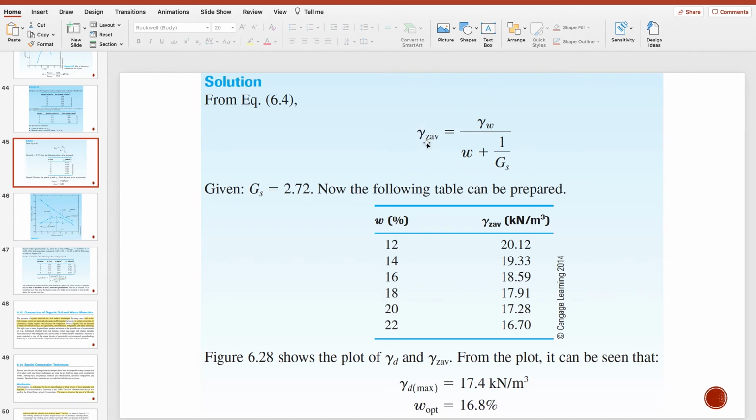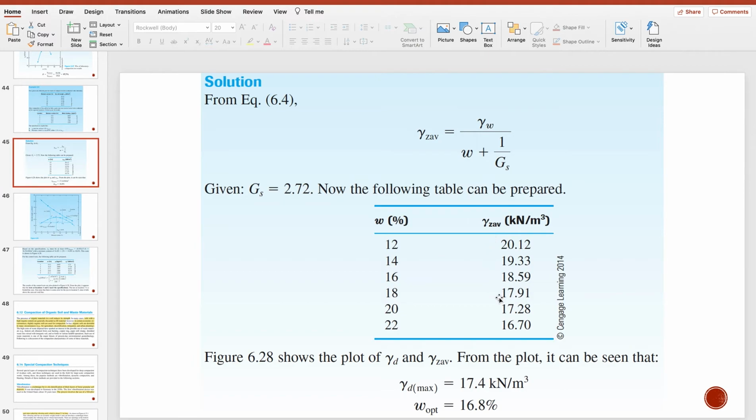So, the saturated zero air void is equivalent to the unit weight of water divided by W plus 1 over the specific gravity. So, using this equation and this value, tapos saturated natin is 100%. Ito yung mga lalabas na values.